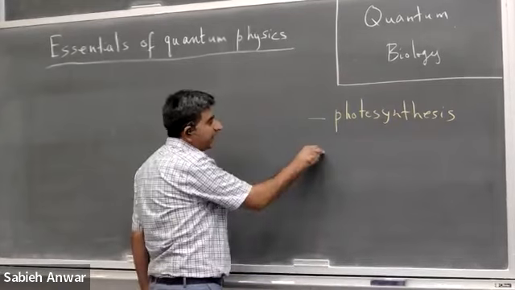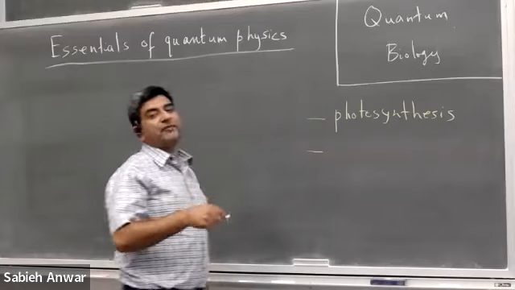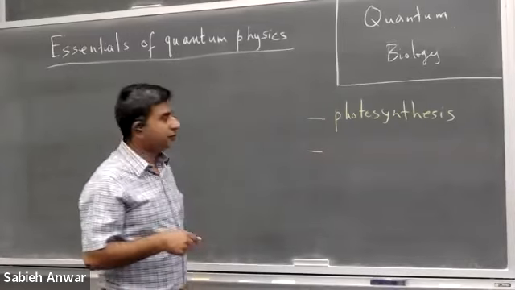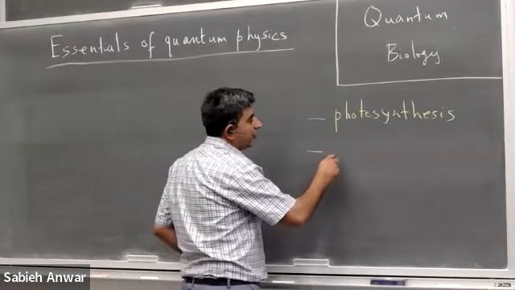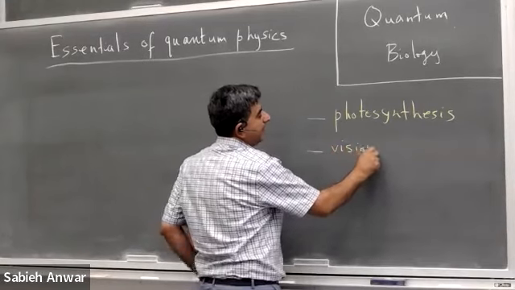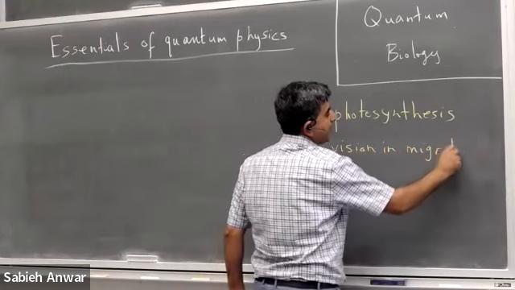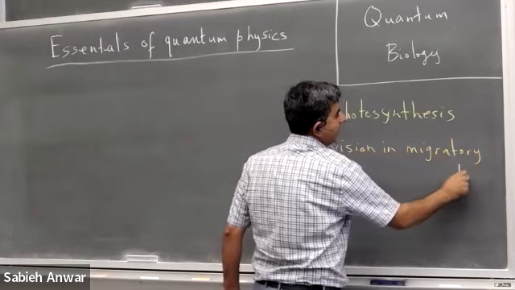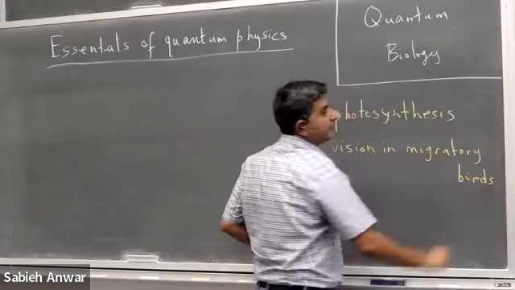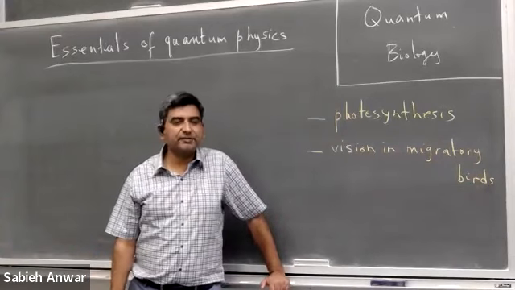And the promise that I started off with in this course was that I would like to describe how different senses work. So I will focus my attention on the vision in migratory birds. How birds find their path on the terrestrial landscape.